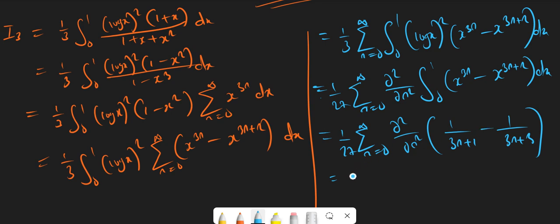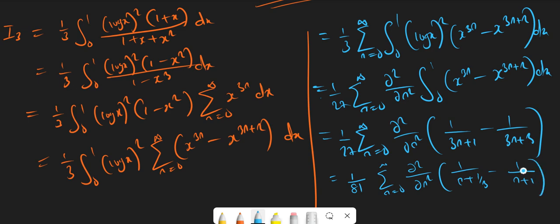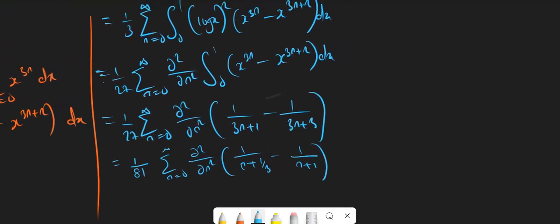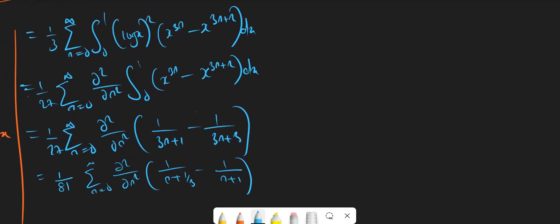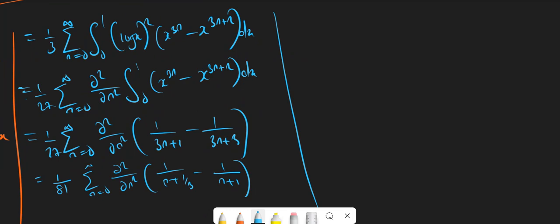Factor out the 3, you have 1 over 81, because that will be 3 to the 4th power, times the sum as n runs from 0 to infinity of partial squared partial n squared of 1 over n plus 1/3 minus 1 over n plus 1. So let's take this to the next page now.